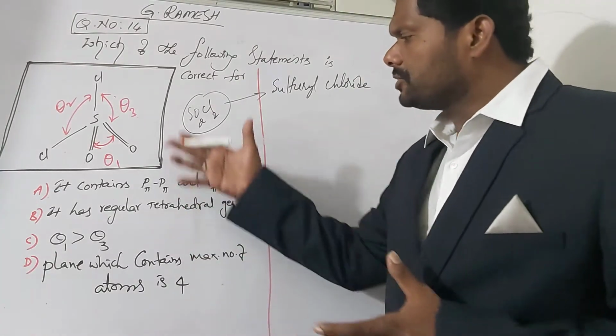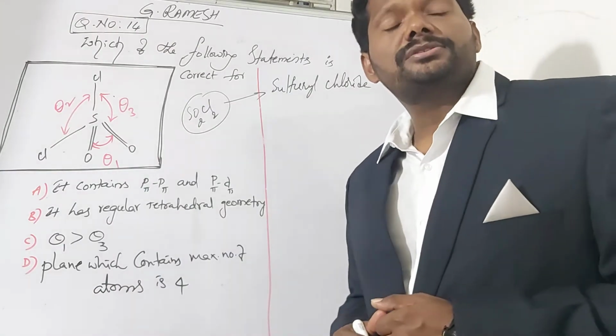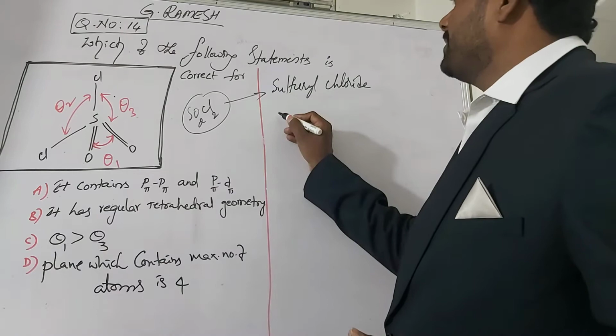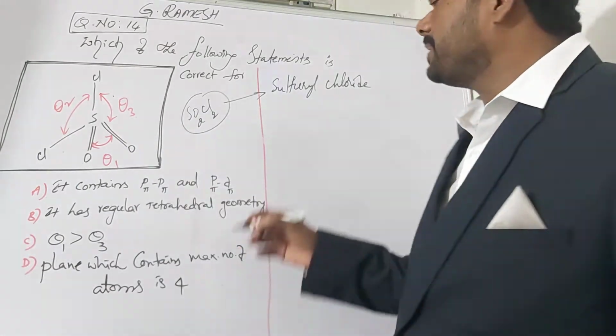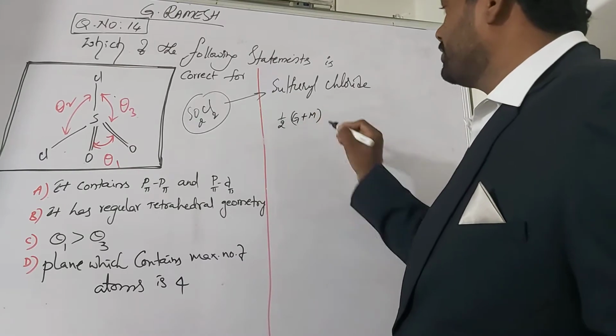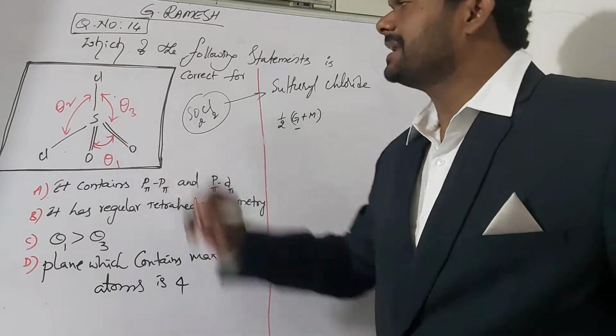To analyze all these points, it is totally based on the structure. To concentrate on the structure, we need the hybridization. For hybridization prediction, I will give you the simplest, smallest formula: half into Z plus M, where Z is the group number of the central atom.